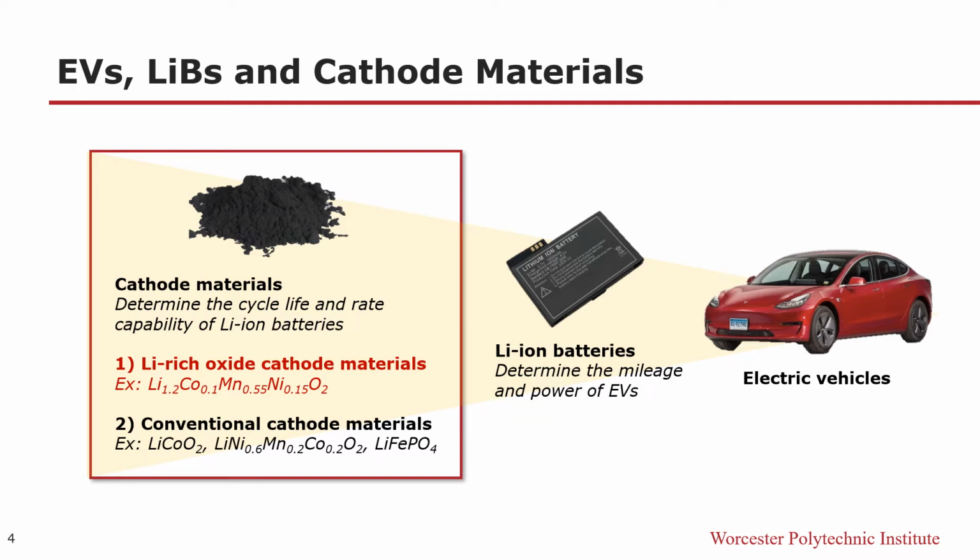However, because of their limited energy density, these cathode materials fail to meet the necessary demands for lithium-ion batteries to power electric vehicles. As a result, lithium-rich oxide cathode materials have been developed to satisfy the energy needs for electric vehicles' batteries.